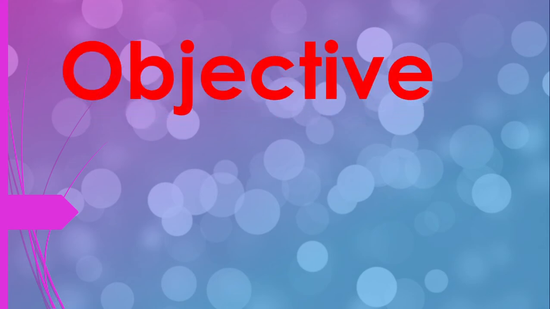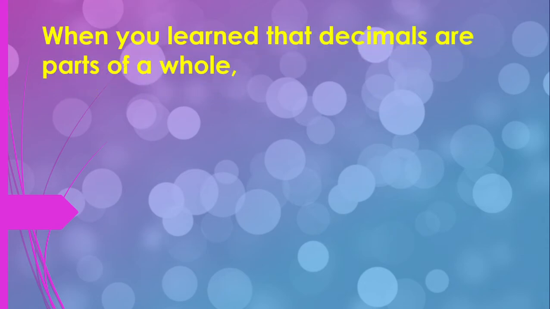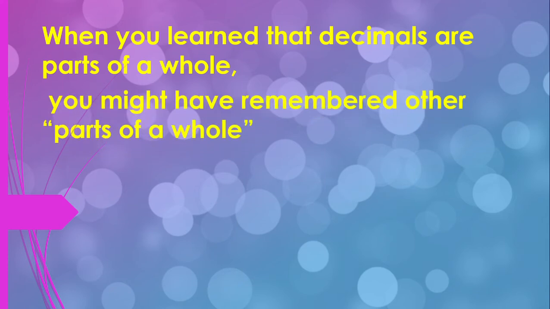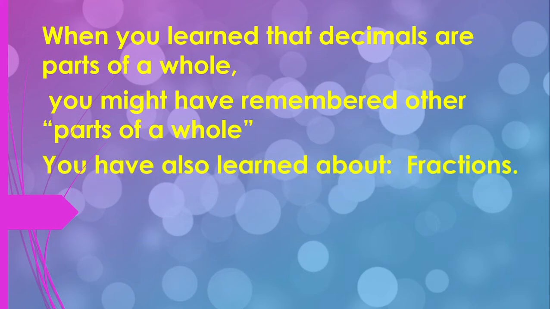So, our objective for today is to compare two decimals to hundredths by reasoning about their size. When you learn that decimals are parts of a whole, you might have remembered other parts of a whole. You have also learned about fractions.